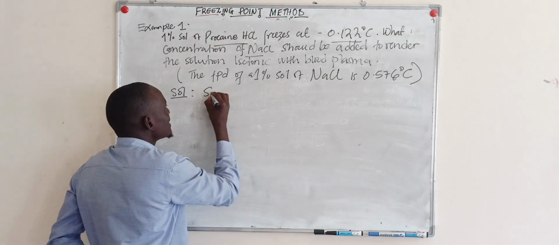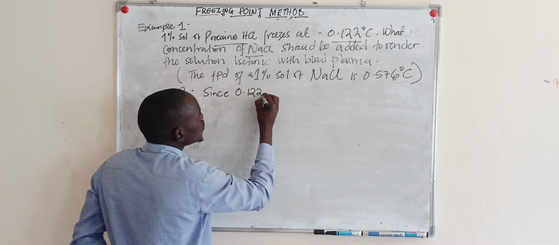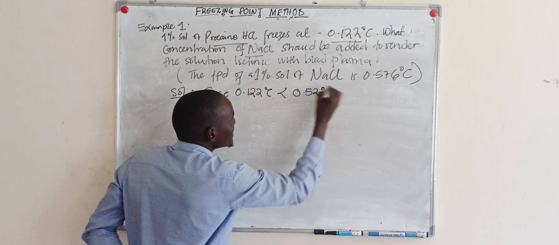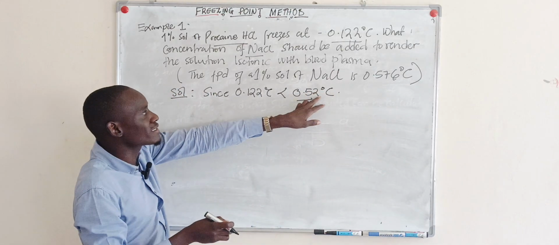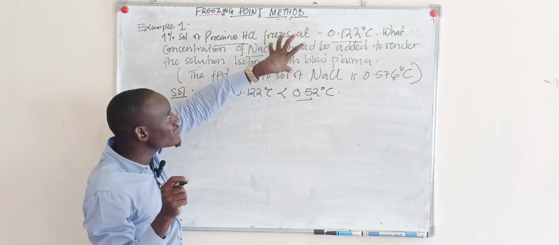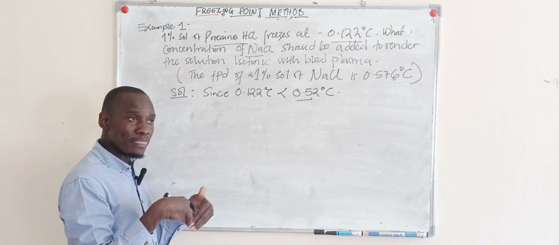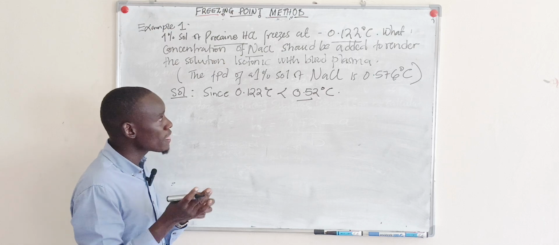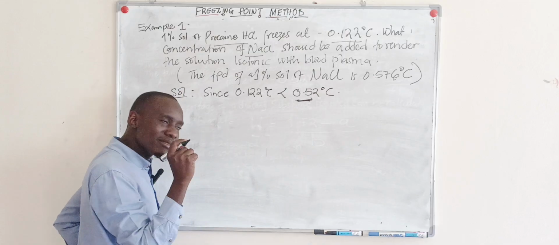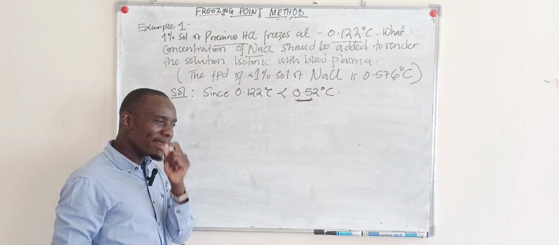So we shall say, since 0.122 degrees C is less than 0.52 degrees C, we are using 0.52 degrees C because this is the standard freezing point of blood plasma, and all these solutions are intended for administration into the body. They must be isotonic with body plasma. Blood plasma freezes at this temperature, so any substance which freezes at this temperature is said to be isotonic with blood plasma.